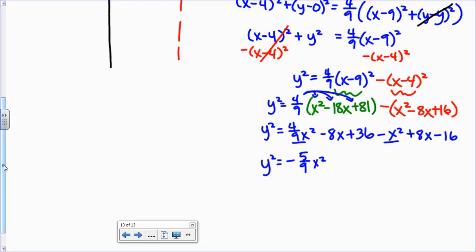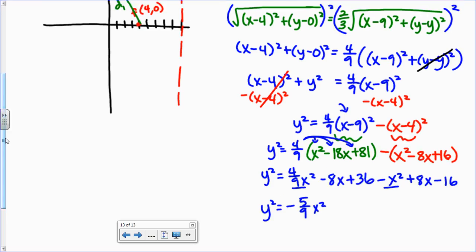Yes. Why would it distribute the negative and combine our terms? Because this 4/9 is only multiplied by this right here, because of this step up here. Technically the 4/9 is distributed here, but since that was just 0, that went away.